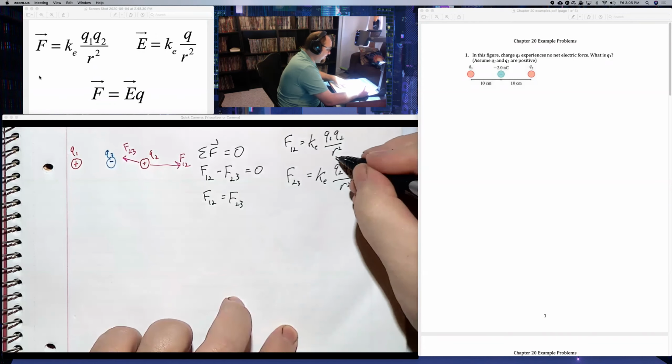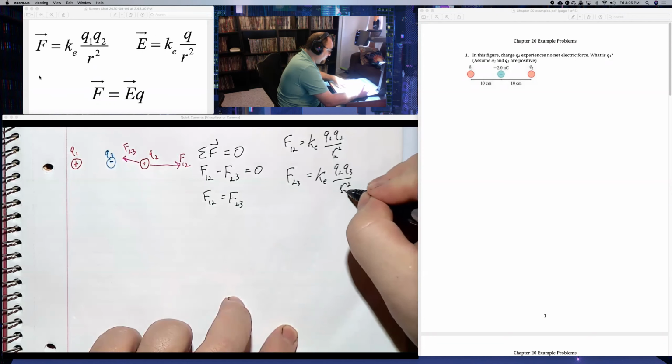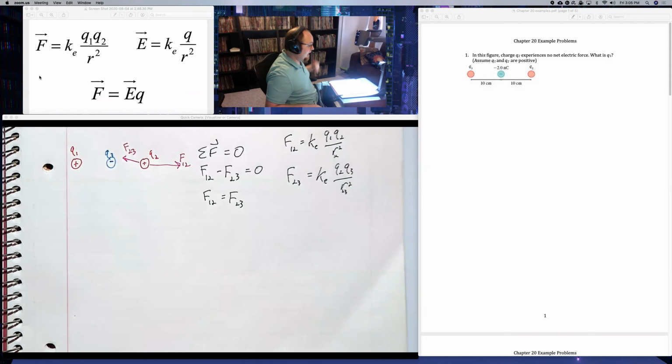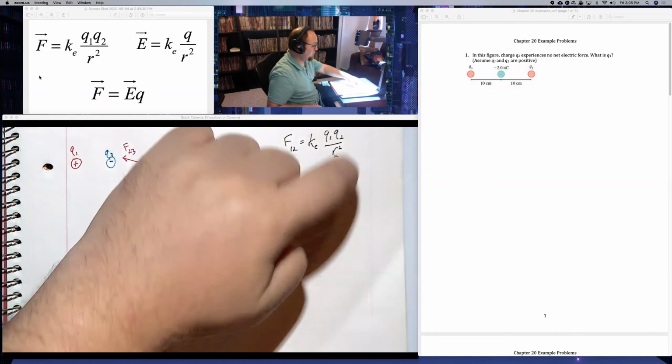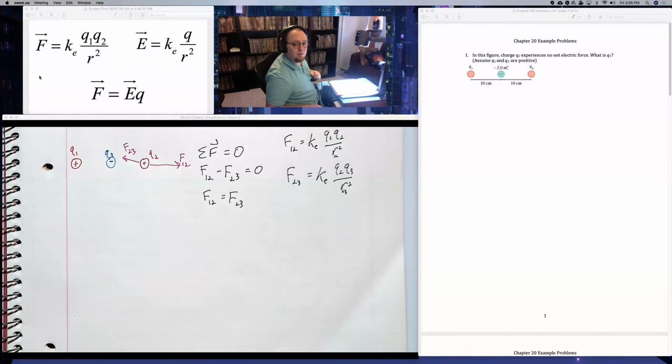Well, these R's are different. I'm just going to put them as R12 and R23 to keep track of them. I don't know Q2 in both those equations. So instead of trying to plug in numbers and solve for the force, I'm just going to put the whole thing in here.